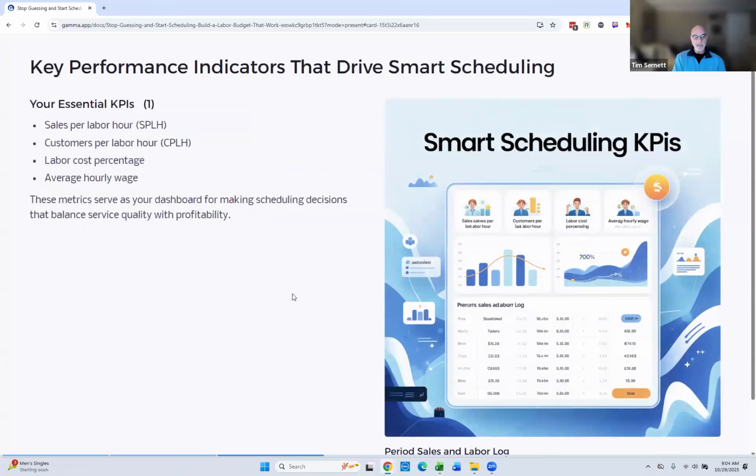Okay, the first step is the key performance indicators. What are we measuring to make sure that we're implementing and changing our labor to hit the ideal labor budget? So those KPIs, those key performance indicators, are sales per labor hour, customers per labor hour, your labor cost percentage, which basically is your prime cost percentage, and there's different percentages for front of house and back of house.